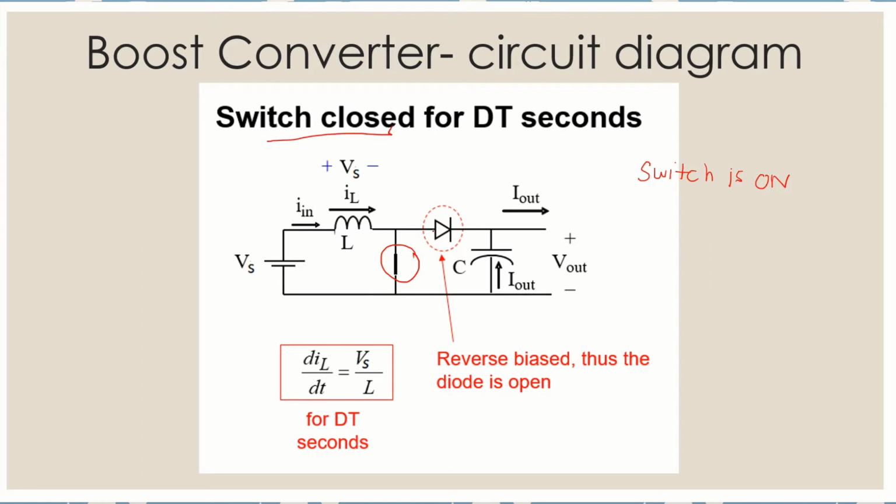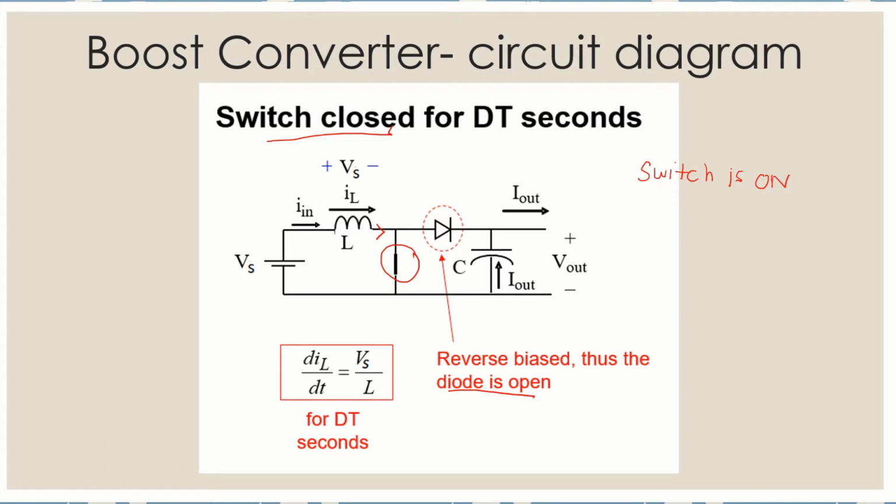So what happens here at the diode? The current at this junction sees two paths, and one path has no resistance. Of course the current prefers that path, and that will make the diode act as reverse biased. When the diode is reverse biased, it becomes open.